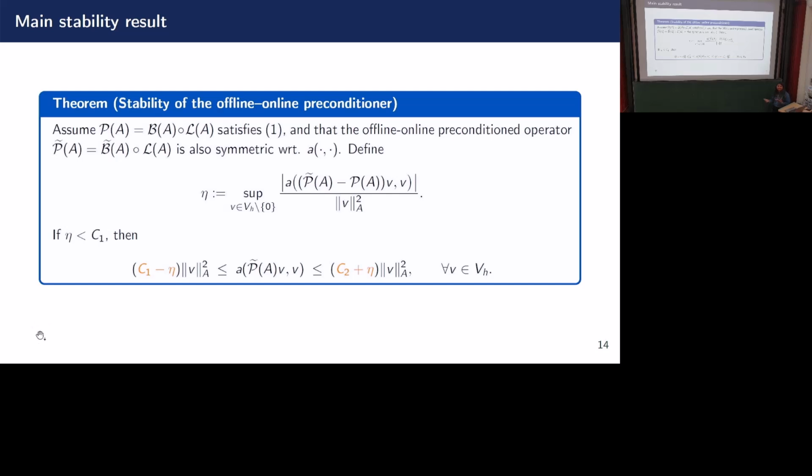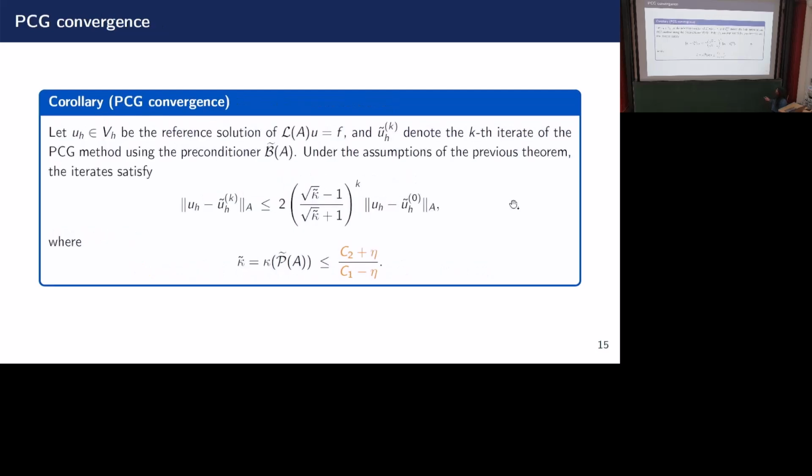and that guarantees the stability of our approximated preconditioned operator. That means all the eigenvalues of our preconditioned operator now lie in a shifted interval of the exact one, that is, C1 minus eta and C2 plus eta.